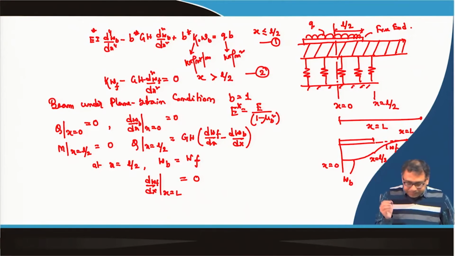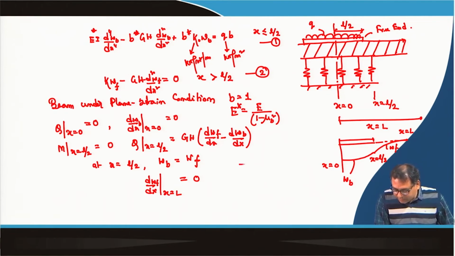For example, for the UDL I have given the boundary condition. Suppose you have a beam which is resting on a 2 parameter model and it is subjected to a concentrated load at the center.